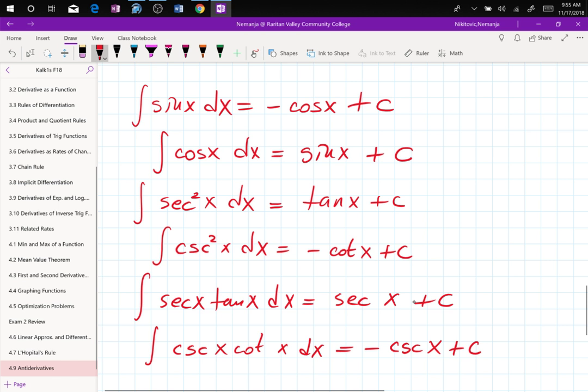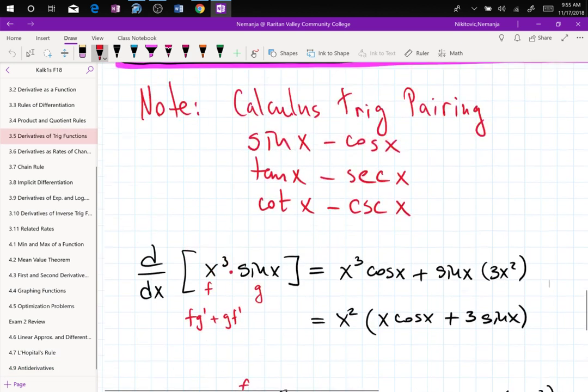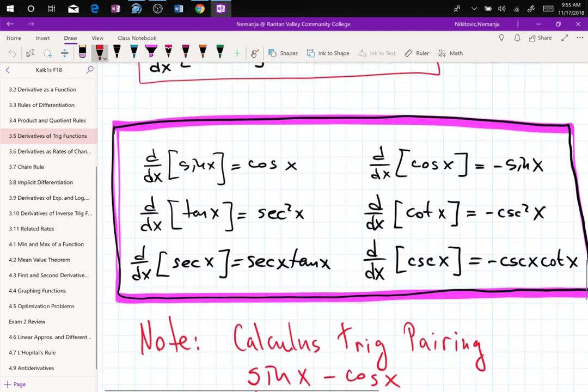Now, if you look at your derivatives of trig functions, you will find all of these written backwards. You will find that the derivative of secant is secant tangent. We can actually jump into the section of trig derivatives. There we go. And when you jump to that, what do you get?